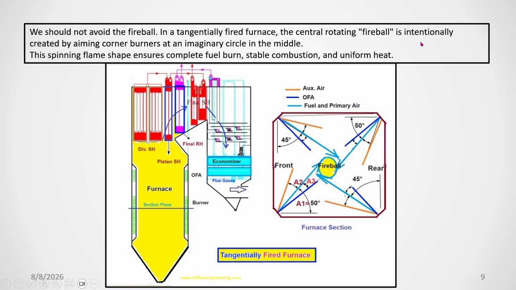The central rotating fireball is intentionally created by aiming the corner burners at an imaginary circle at the middle, and that gives flame stability, stable combustion, and uniform heating, everything, if you are able to generate the fireball.